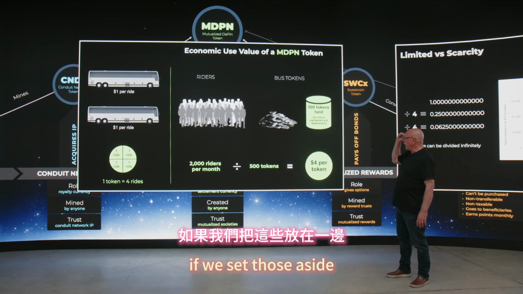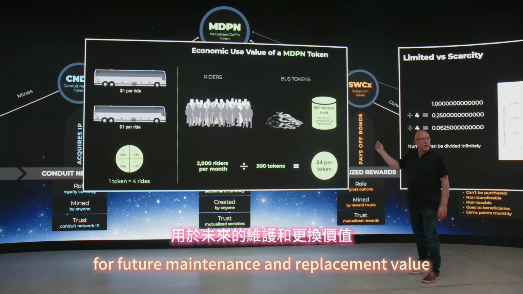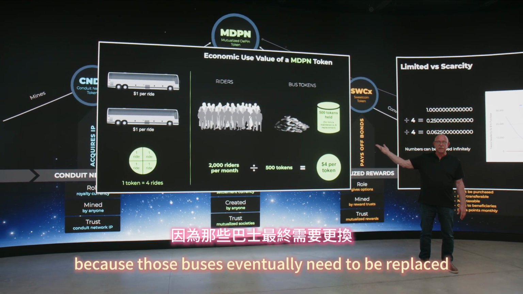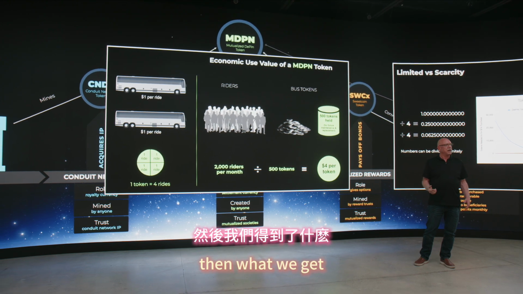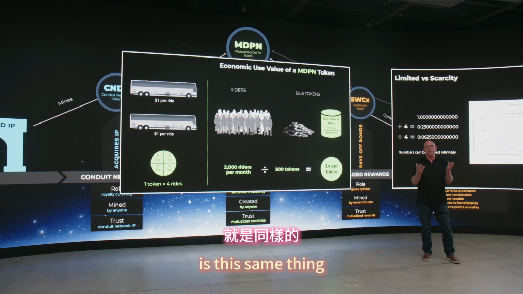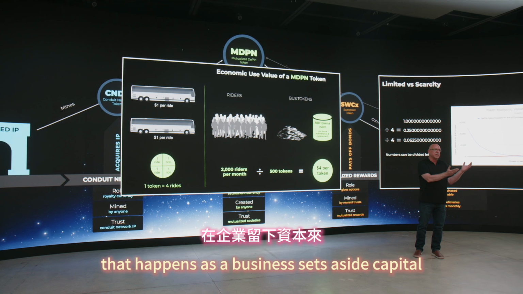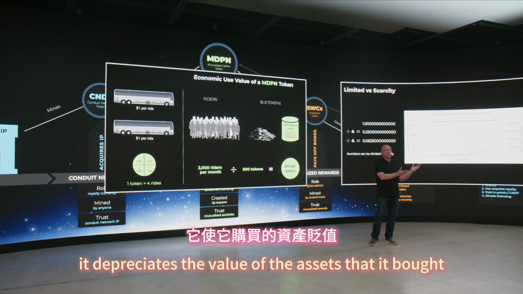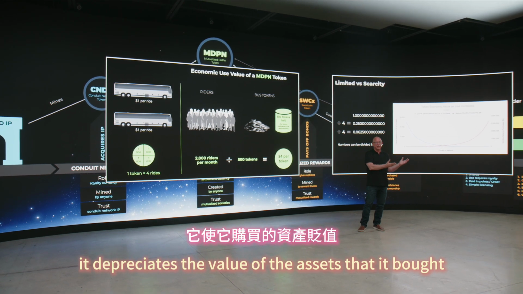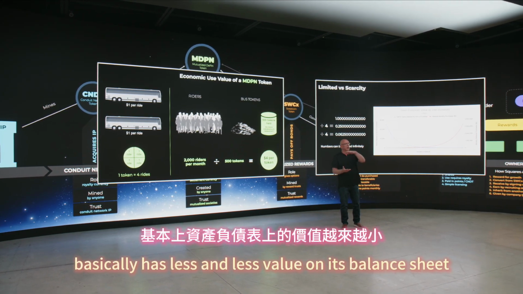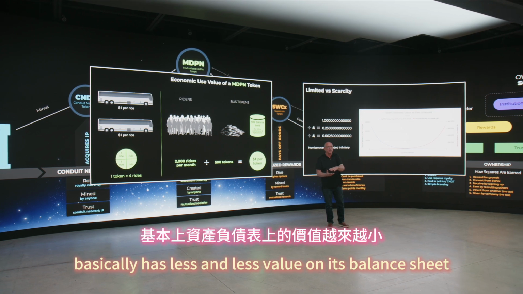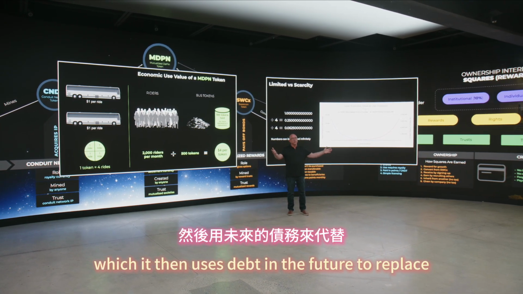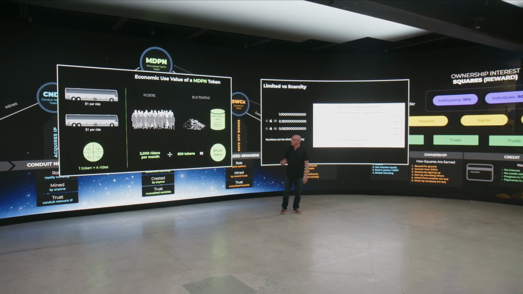If we set those aside for future maintenance and replacement value, because those buses eventually need to be replaced, then what we get is the same thing that happens as a business sets aside capital to replace its assets, or it depreciates the value of the assets that it bought so that it has less and less value on its balance sheet for that asset, which it then uses debt in the future to replace.